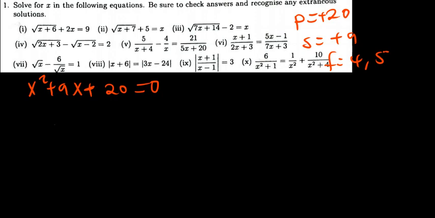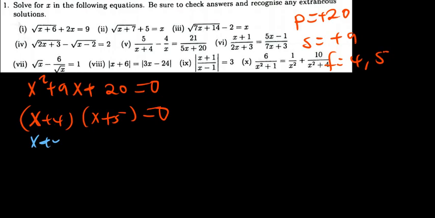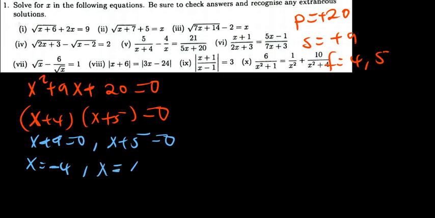You just say x plus 4 and x plus 5 is equal to 0. So that would mean x plus 4 is equal to 0, x plus 5 is equal to 0. So x will be equal to -4, and x will be equal to -5.